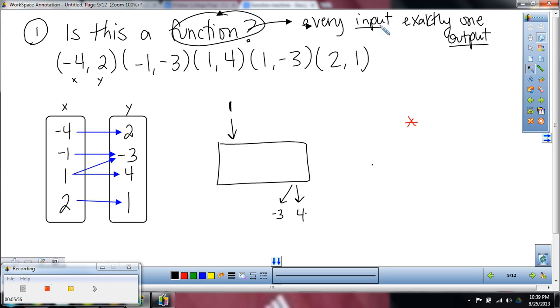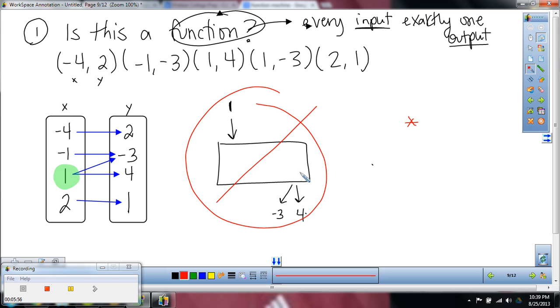Not according to the definition. Here, every input, the input being a 1, has more than one output. This is not a function. And the reason it's not a function is exactly because this number 1. It's screwing everything up because this function machine cannot happen. This is impossible.